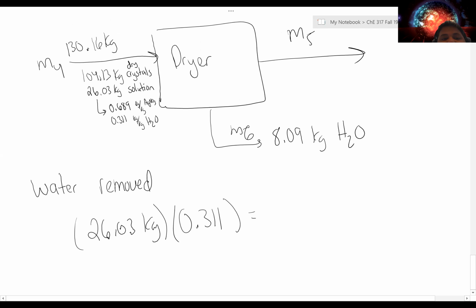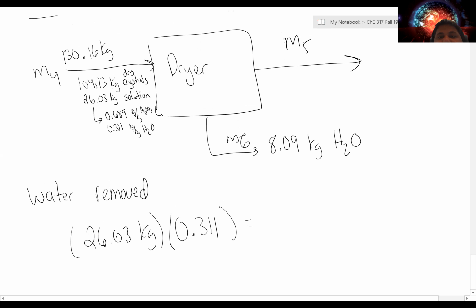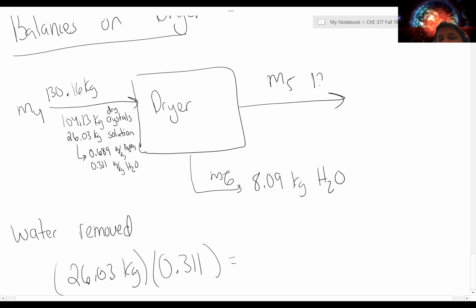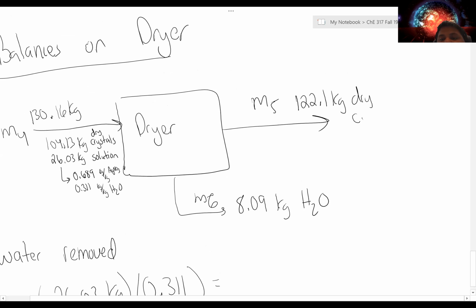which means the remainder, or the actual crystals in that solution, eventually falls out and joins, and it all becomes dry crystals in the process, or 26.03 times 0.689, which gets added to the amount of dry crystals, or 122.1 kilograms of dry crystals.